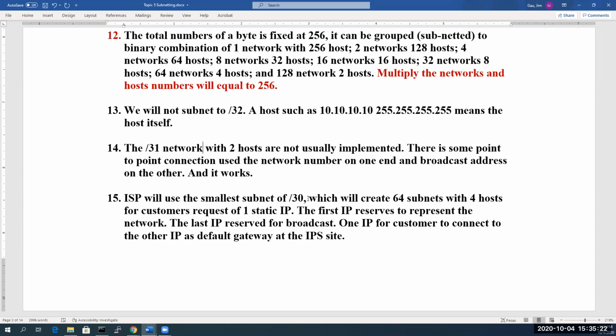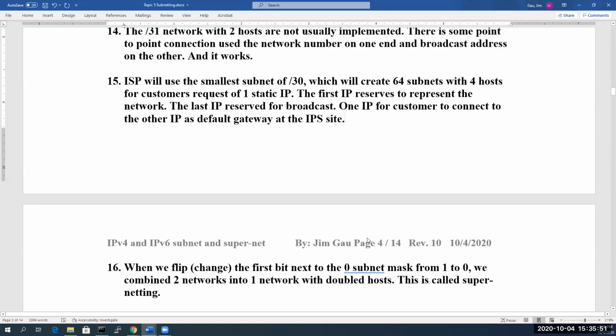So the next level up, of course, is the slash 29. Slash 29 means that you actually have 3 bits for the host. If you put a combination on the 3 bits, you have 8 combinations, right? Meaning it's 000, 001. Let me just type it up.